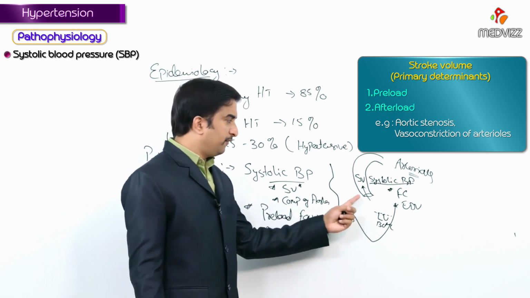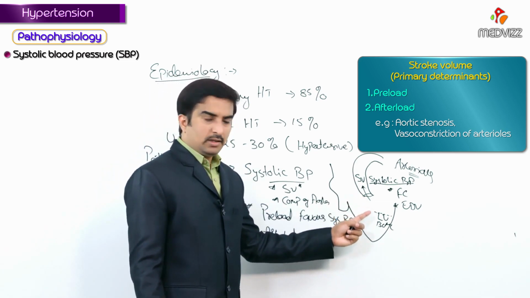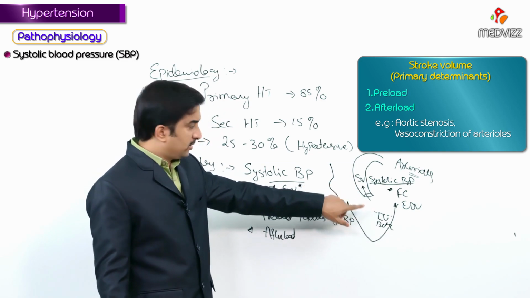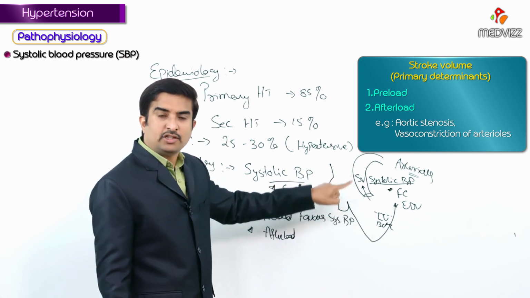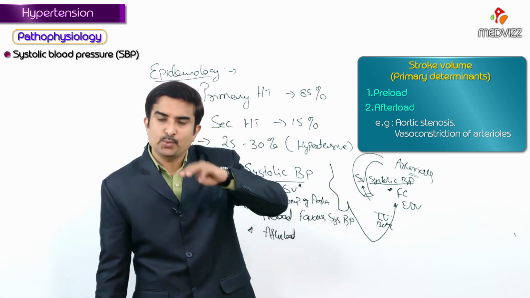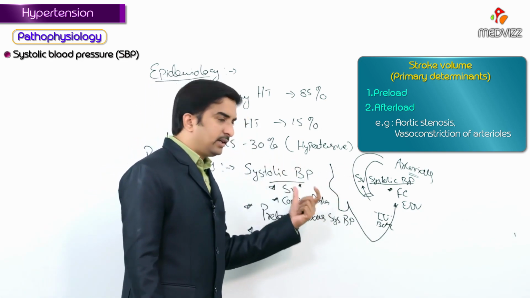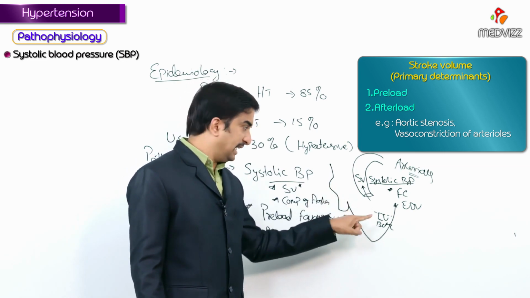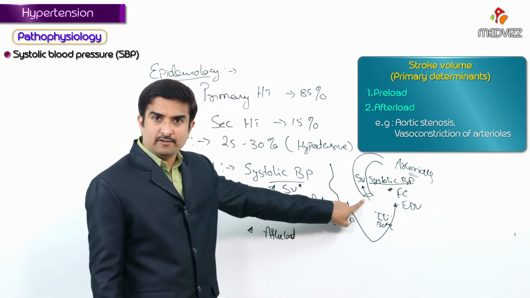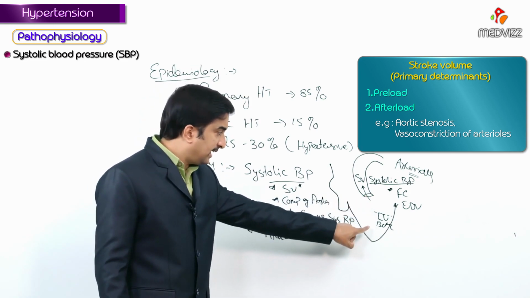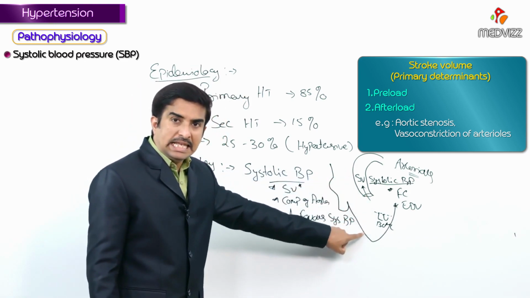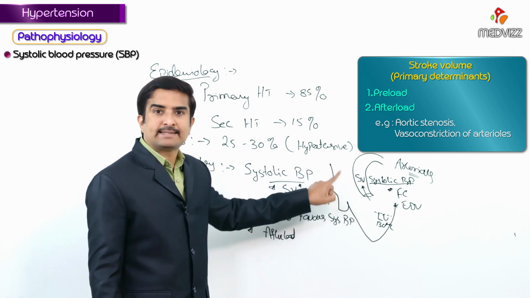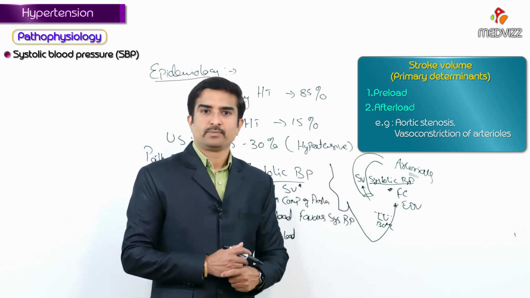So what is happening here? If the afterload is more at the level of the aorta, remember that the stroke volume will be less, the systolic blood pressure will be reduced, right? Greater the degree of resistance at the level of the aortic valve, lesser the amount of blood which is ejected into the aorta, lesser the stroke volume, lesser the systolic BP.